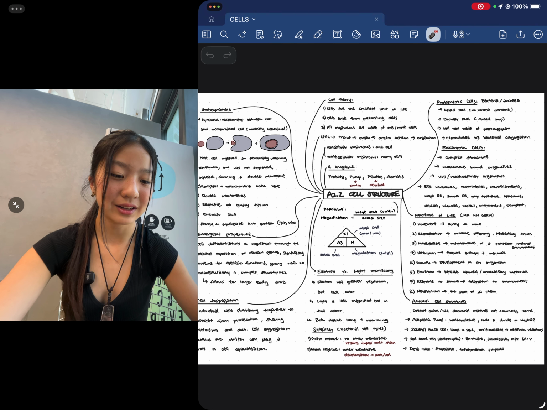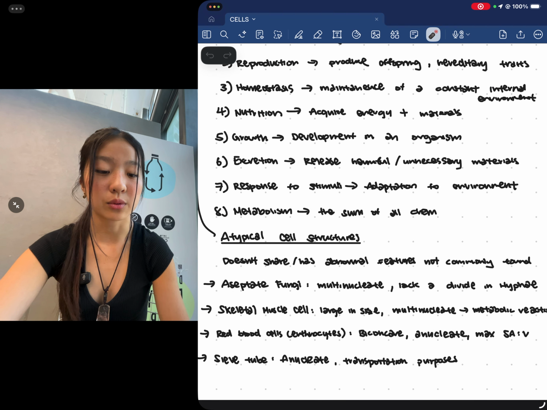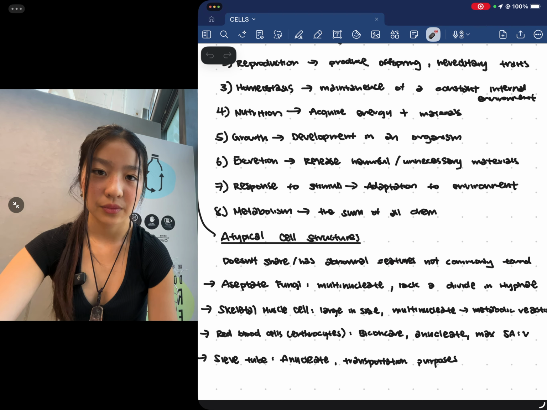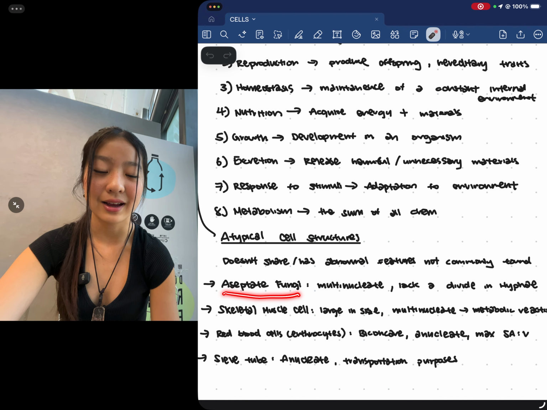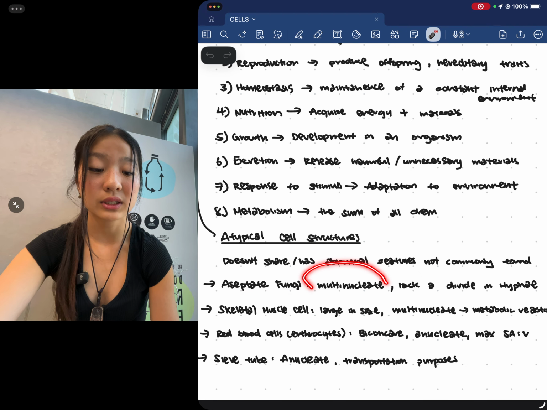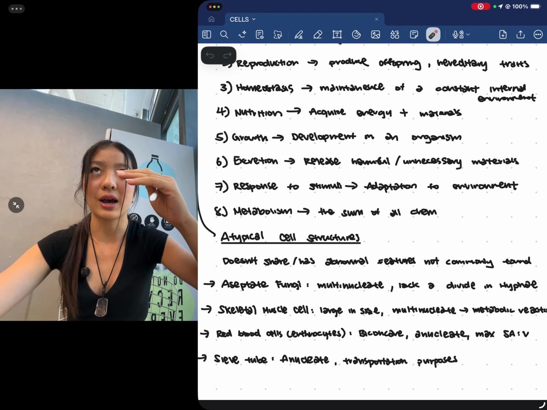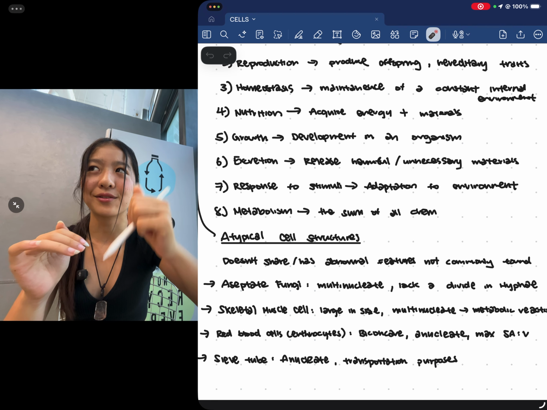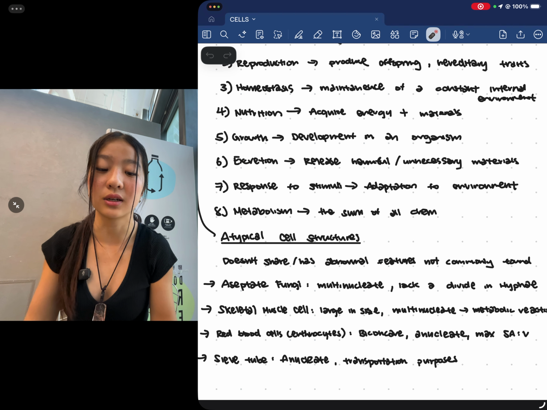And then to look at some atypical cell structures, which are just really abnormal features that are not commonly found within normal cells. There are a few, and the main four we need to know for the IB syllabus is aseptate fungi, which are multinucleated, and they lack a divide in the hyphae, which means they don't have the ending plate in the middle, so each cell kind of combines with the next one, and so they're considered as multinucleate.